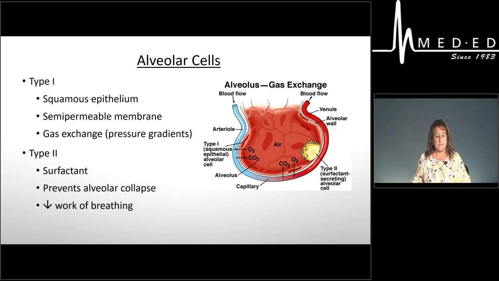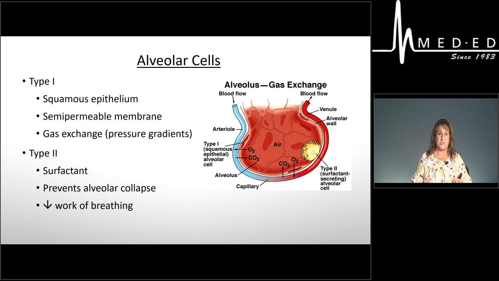The type 2 cells are the ones that produce surfactant, and you need surfactant in your lungs so that your alveoli don't collapse. If you have somebody with a terrible pulmonary condition or acute respiratory distress syndrome or anything such as that, the surfactant properties are not functional like they should be, and so we can see a lot of patients get into acute distress because of alveolar collapse.